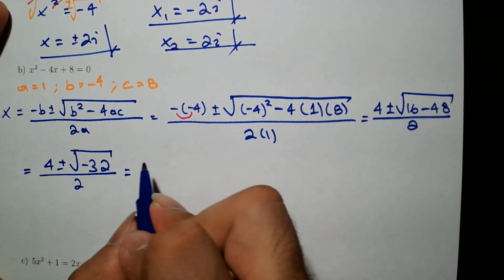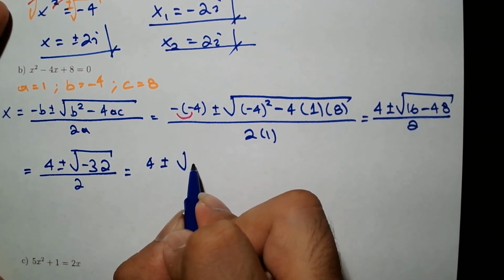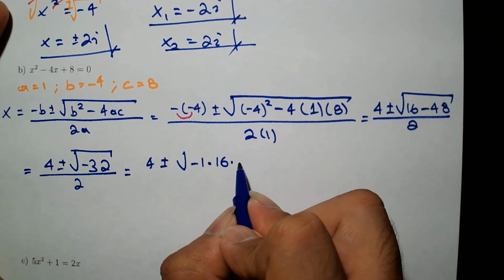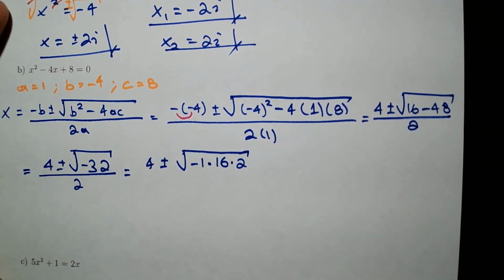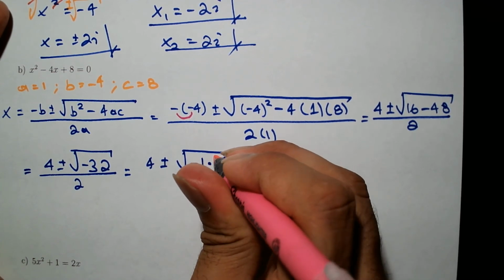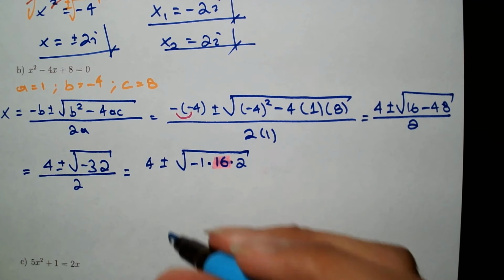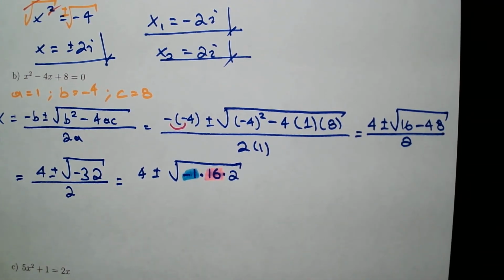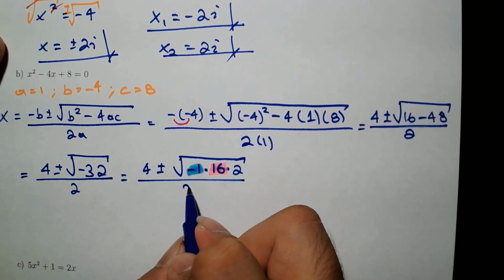Okay, so we are going to break this up into the square root of negative 1 times 16 times 2. And I'm going to highlight the number that has the perfect square, and also this one that is going to turn into i. Okay, so divide that by 2.